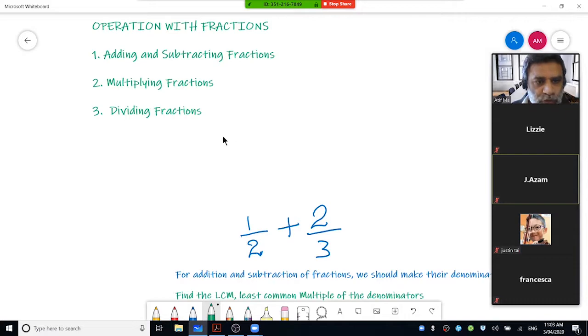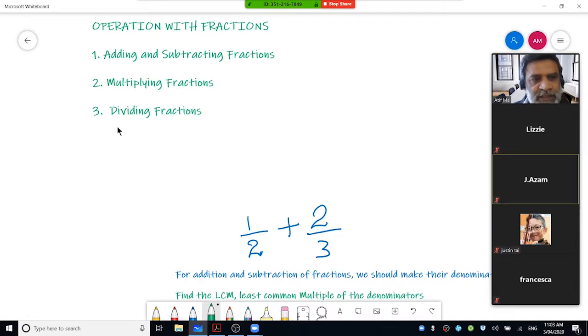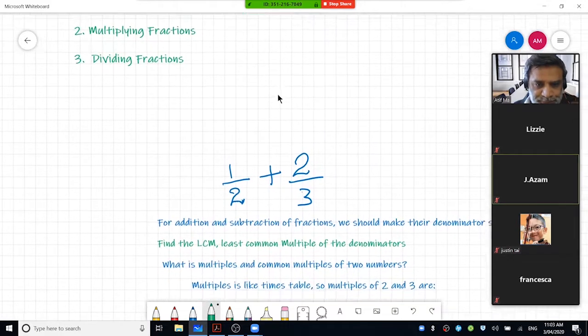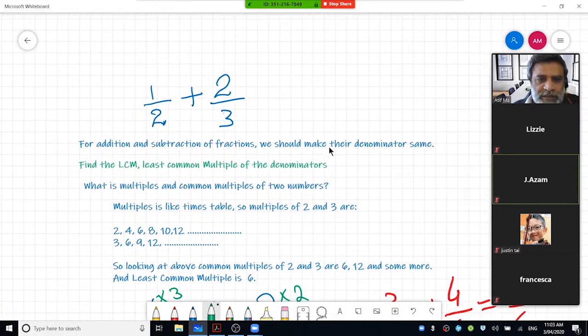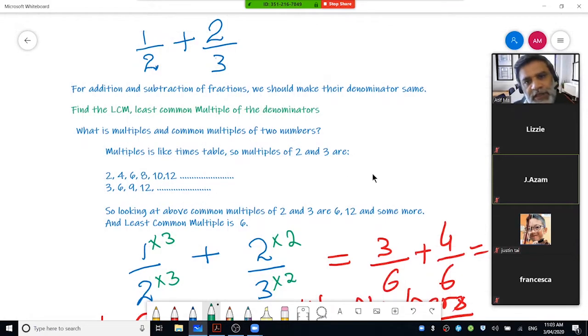We will do adding and subtracting fractions today, multiplying fractions, and then dividing fractions. That is today's lecture. This is something we learned in the last lecture also. If we have to add or subtract fractions, we should make their denominators the same.